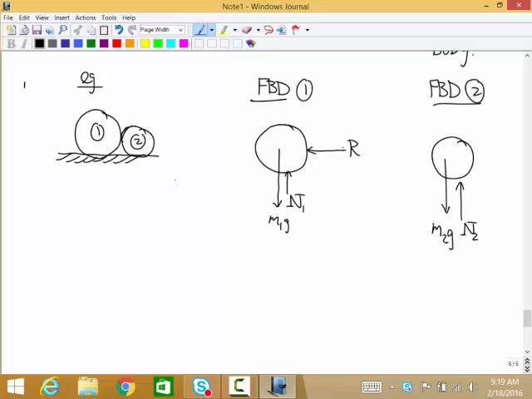And then there's the pushing contact from ball 1. Now, it's the same contact causing this force, right? It's the same contact that produced this R on this one. But now, since our chosen body is ball 2, this is toward the chosen body, away from the contacting body, so now it goes this way.